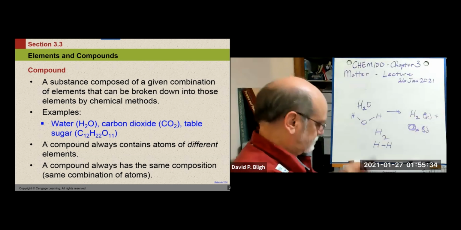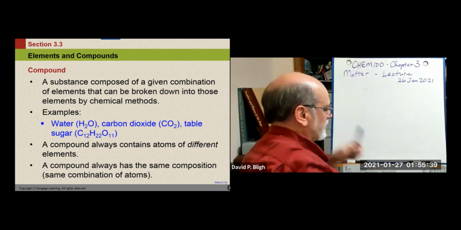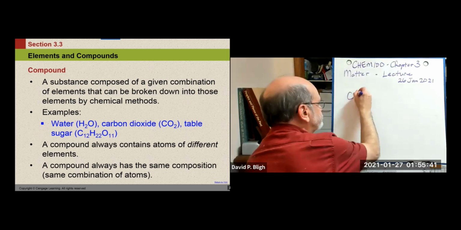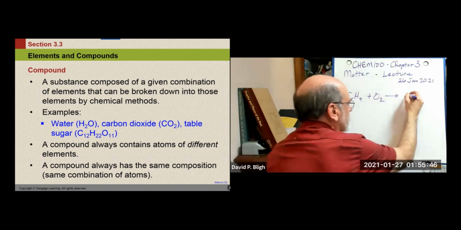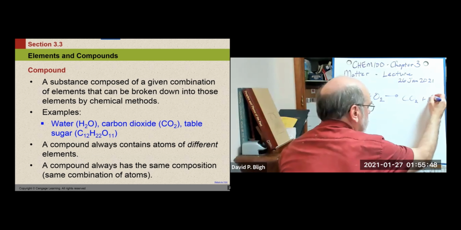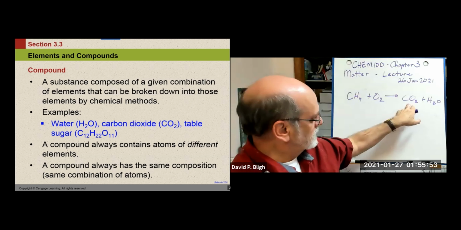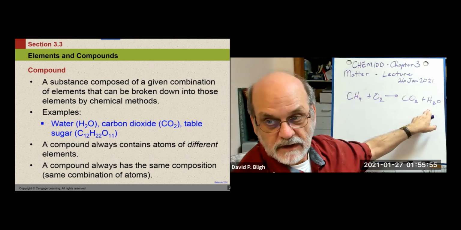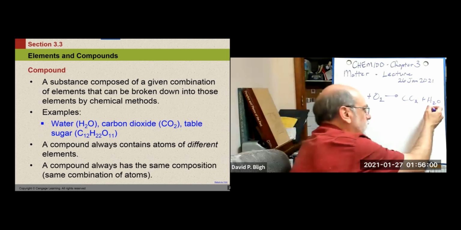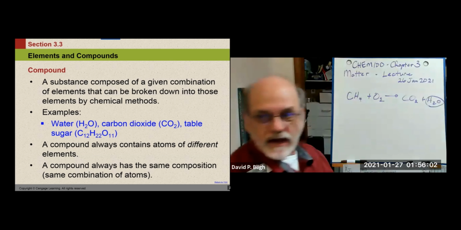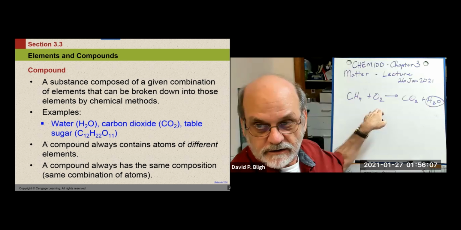If we take, for example, methane and combine it with oxygen, we'll get reactants and products, carbon dioxide and water. They're different identities, so a chemical change has occurred. But let's focus on water. Okay, water's origin here was from the combustion of methane and oxygen.